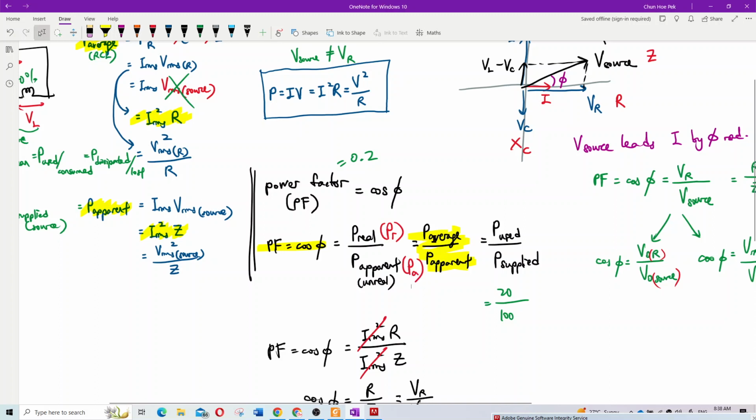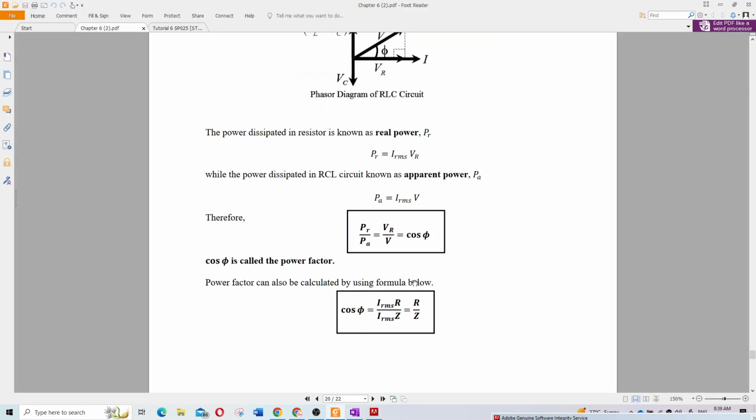PA is not average power; PA is apparent power. That's why I got a little bit confused here: average and apparent both have the letter A, but PA actually refers to apparent, not average. Average power is PR, real power. Here, PR over PA.